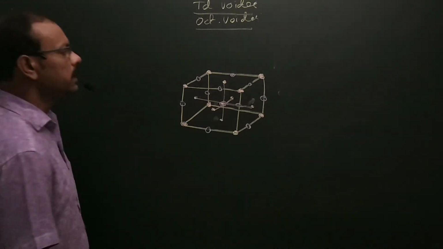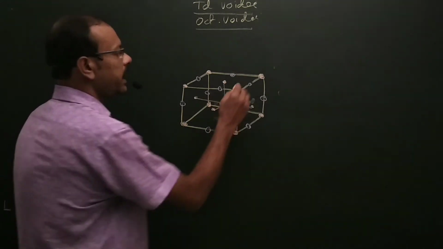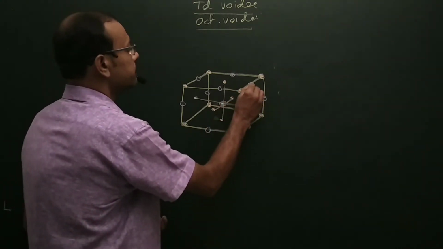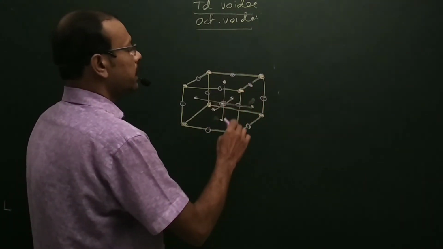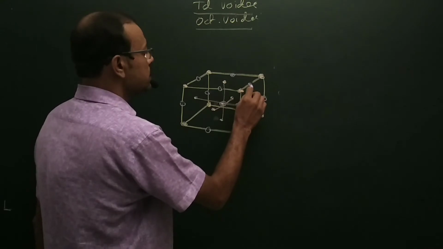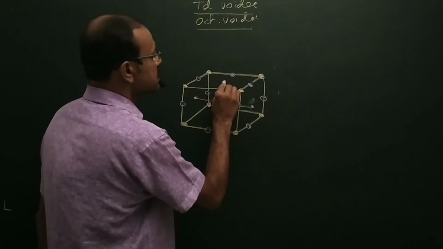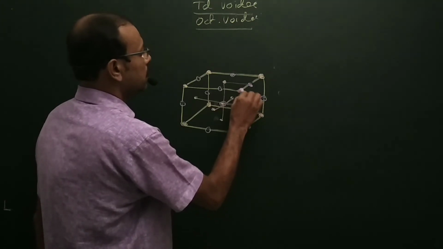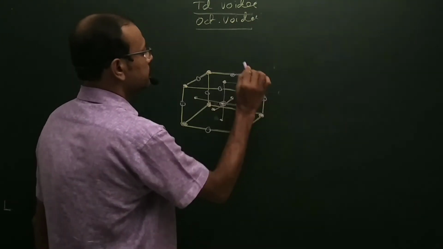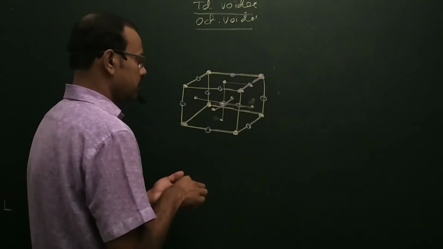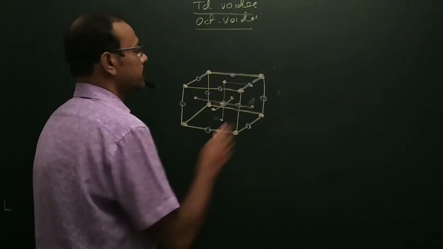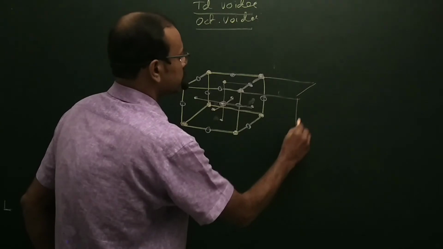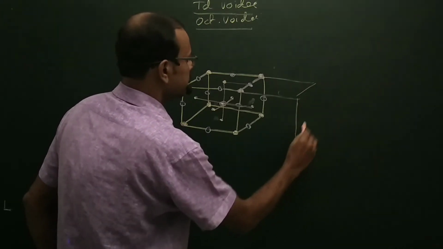And now I have already told you that each edge is also associated with an octahedral void. If you see, this is a face, front, another backward, and there is another cube at this side, another unit cell.